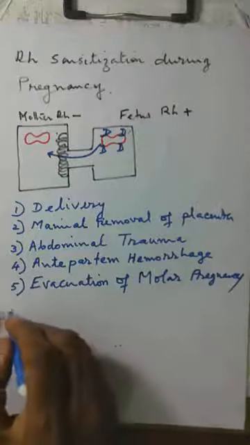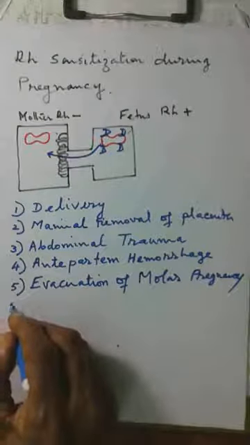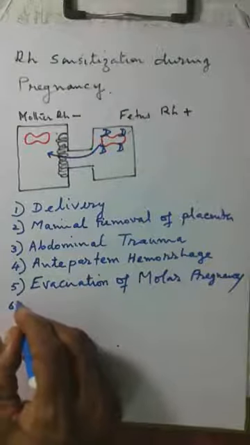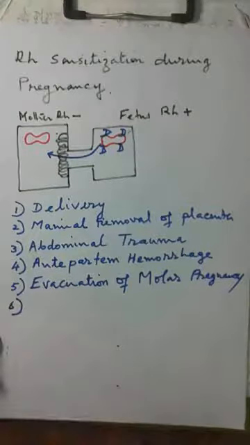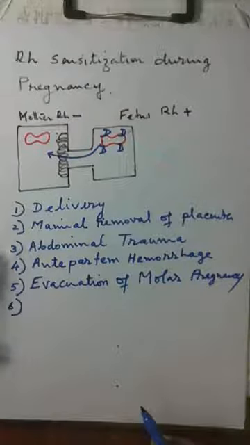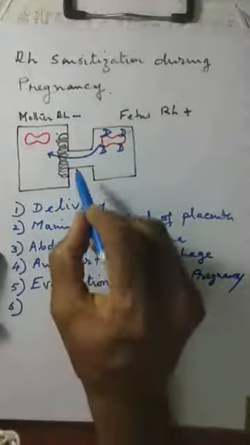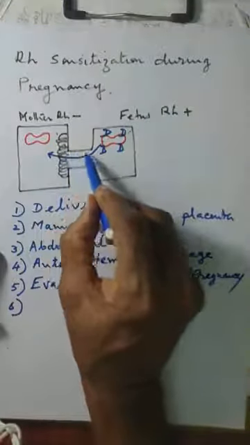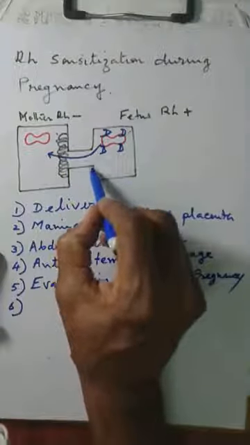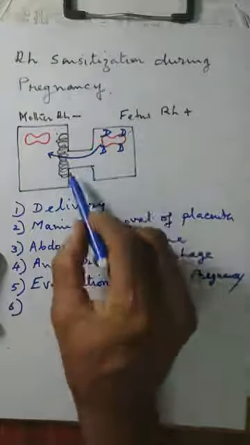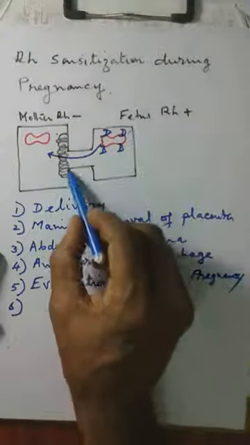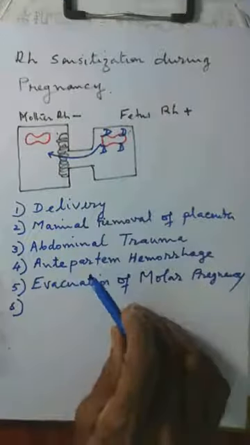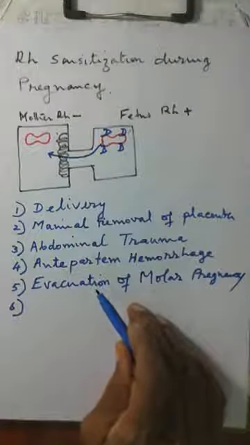Then what is the next event or the next chance? The next one is, sometimes we take a blood sample from this umbilical cord for checking. With a needle we take blood from the umbilical cord.